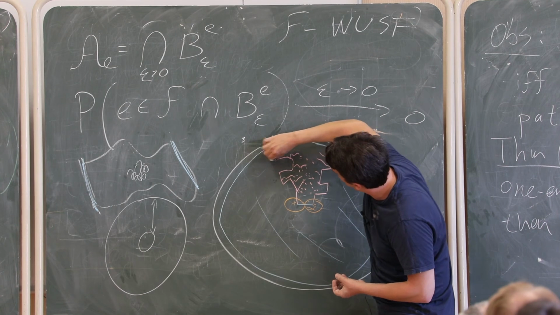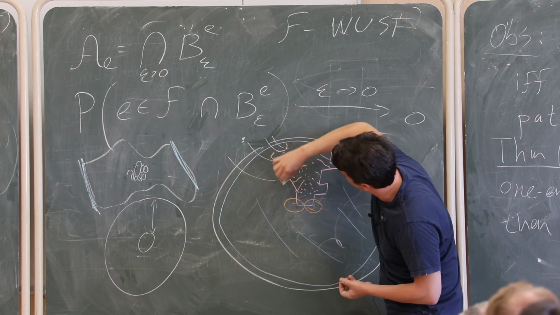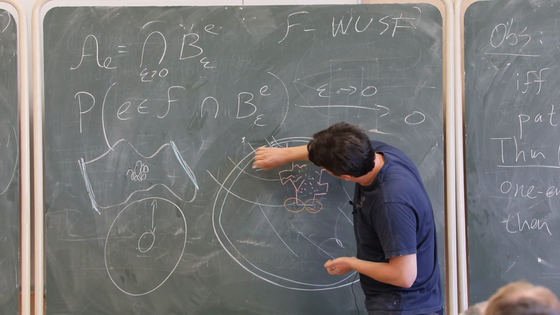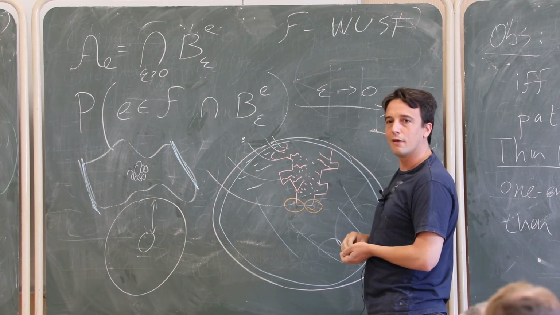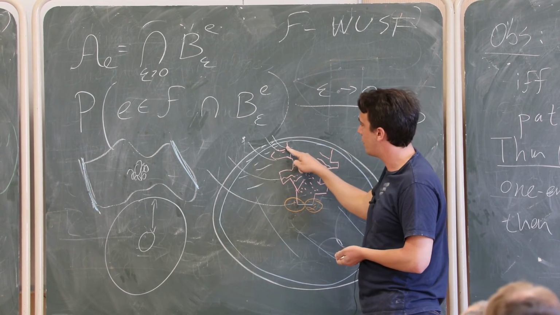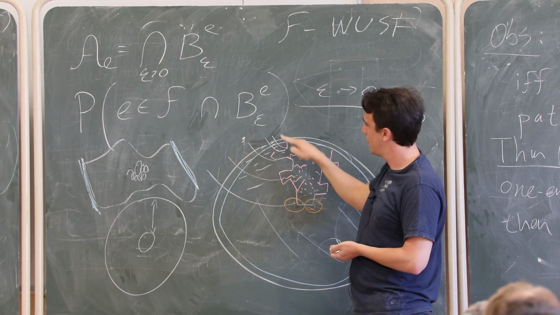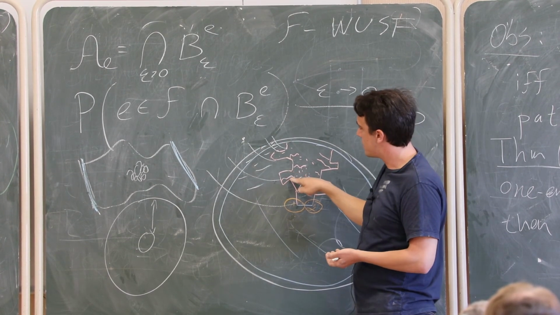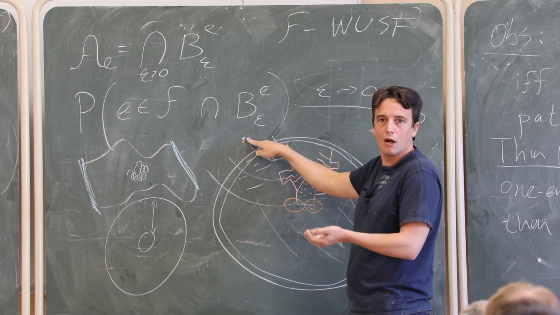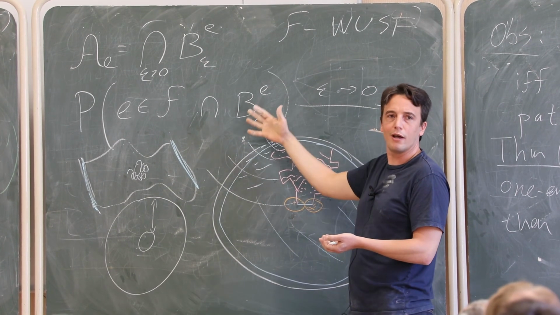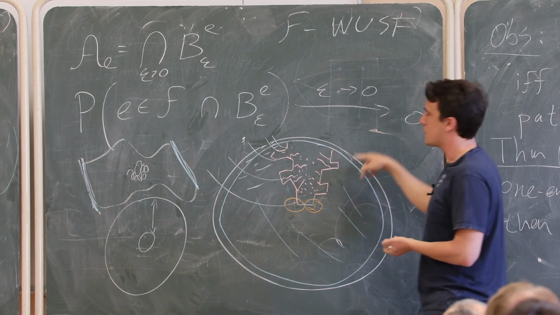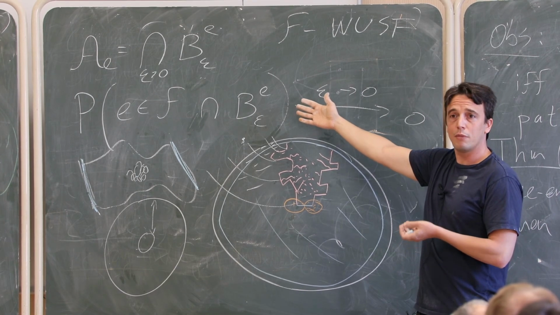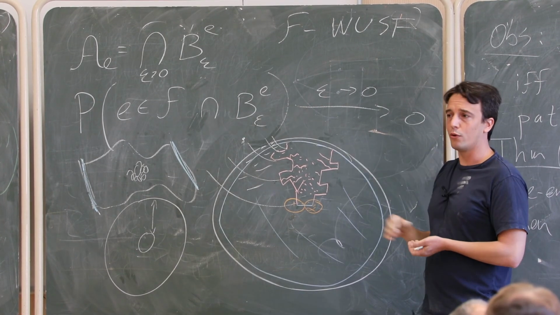Here's one, here's the second, here's the third, here's the fourth. And in each one, the resistance from the pink to infinity is a constant, and I have log many of them. So by the parallel law, the resistance is at most a constant over the number of annuli, which is log. I do the same here, and I get that this probability is bounded above by some constant divided by log of 1 over epsilon.